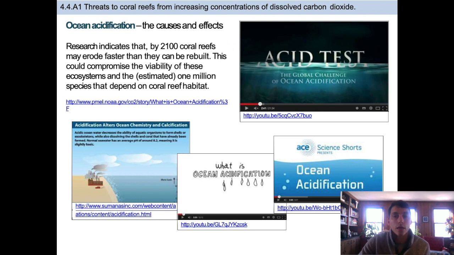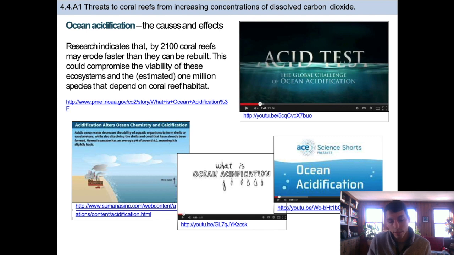Because when the acidity increases, so that's a pH decrease, coral reefs are primarily made of calcium carbonate, which is something that we also looked at in the carbon cycle, same thing that limestone is made of, and that dissolves in lower pHs. So as the ocean absorbs more carbon dioxide, it is going to cause acidification, which is going to impact anything made of calcium carbonate.